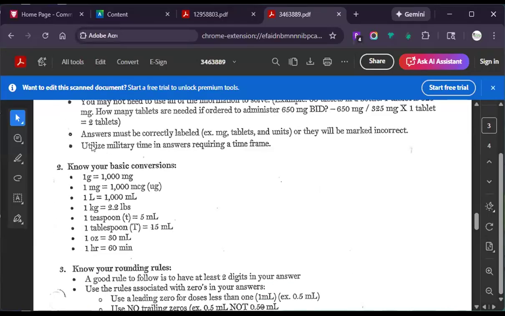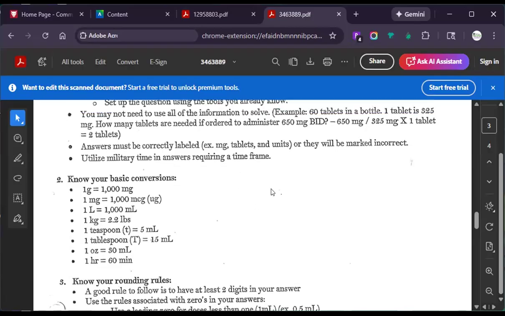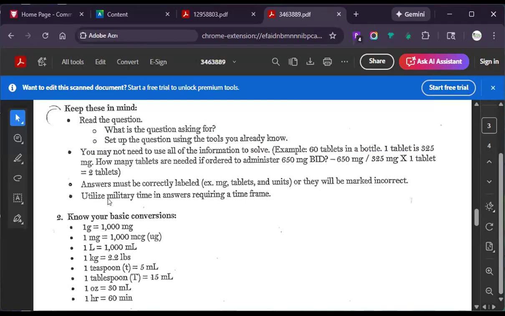Later on, not this semester, you do need to make sure you're familiar with military time. So if you've served, you're probably already very well familiar. If you're not, just start getting yourself familiar because you're going to see that in reference to different things. A lot of times it'll be something like, your patient is starting on an IV at 0800. It's going to run for 16 hours.